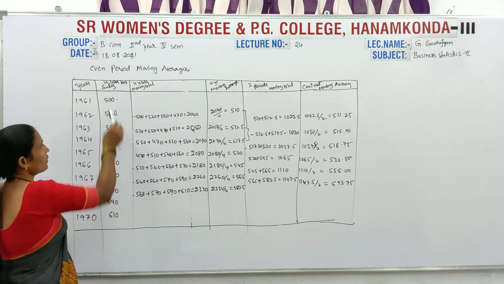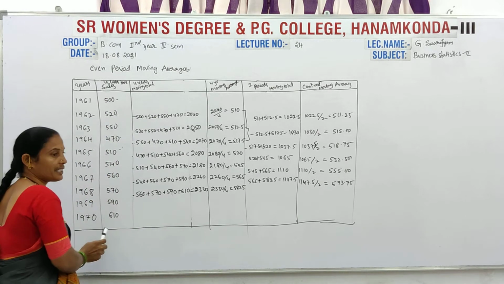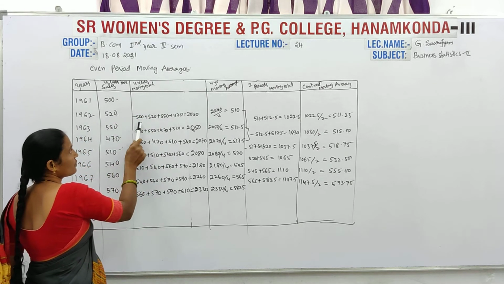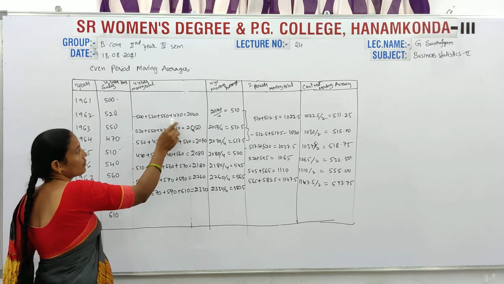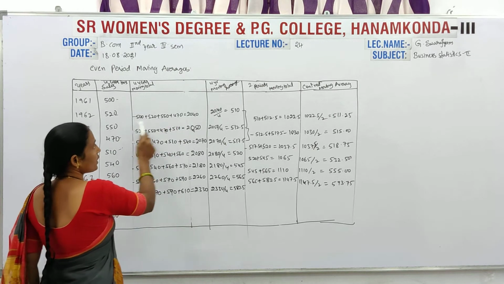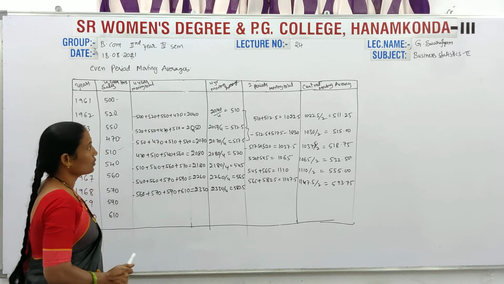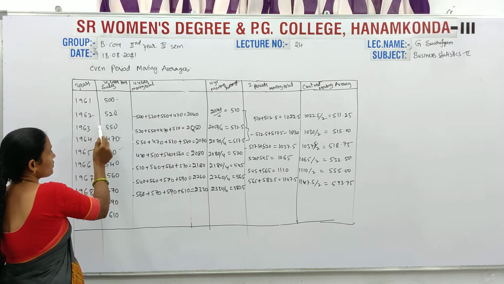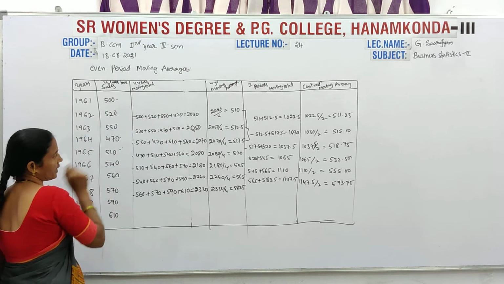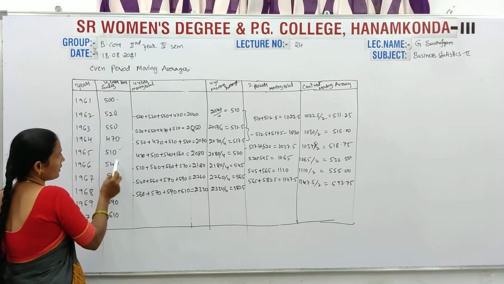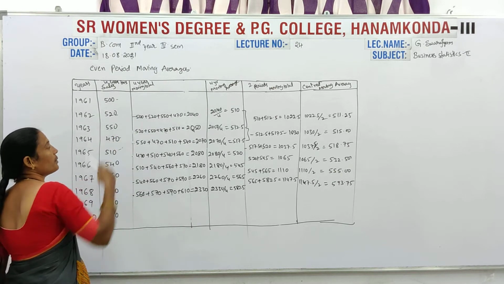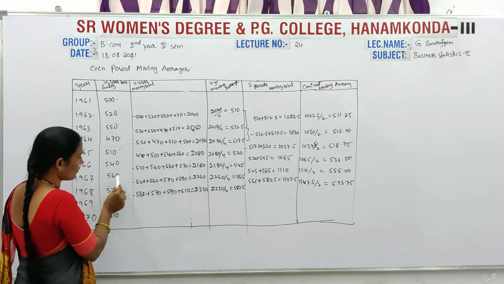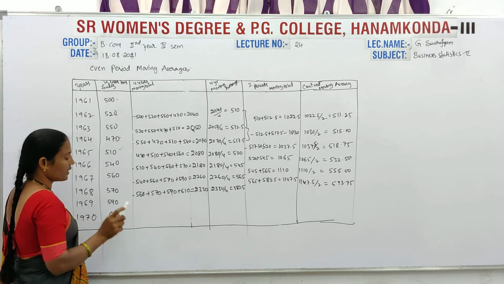When 10 years of sales are given, the 4 years moving total for the first 4 years, 500, 520, 550, 470, is 2040. Next, the second total is 1962 to 1965, a 4-year cycle. Then we leave out 1 year and add 1 year, continuing until we reach the last 4 years.